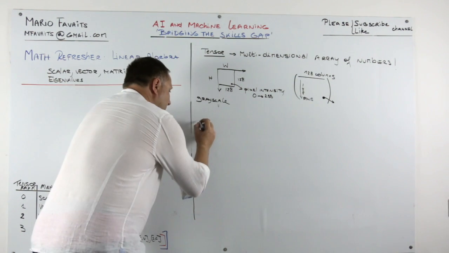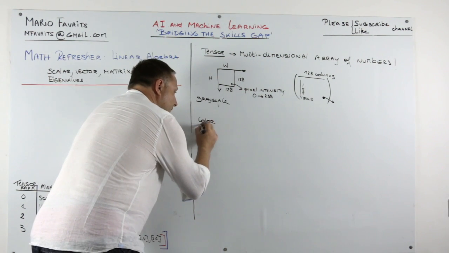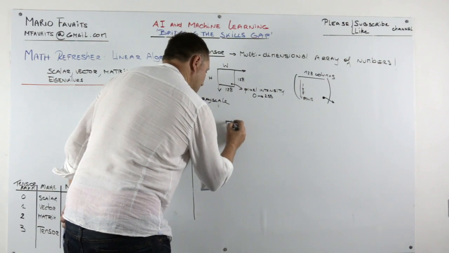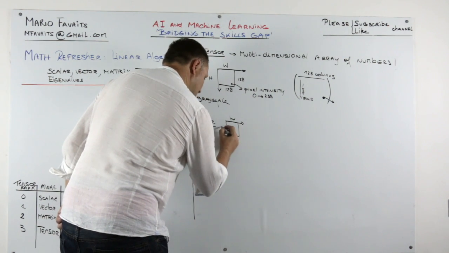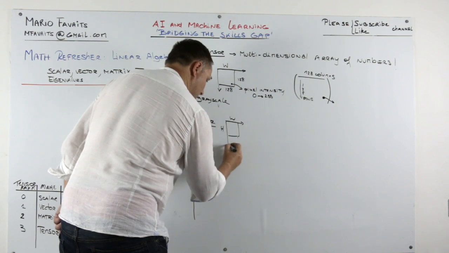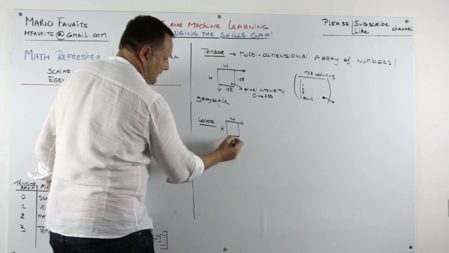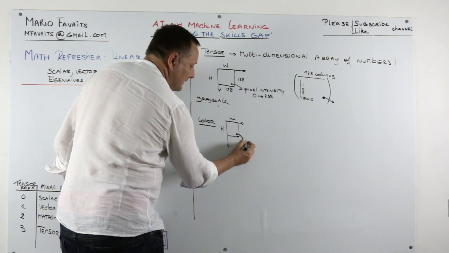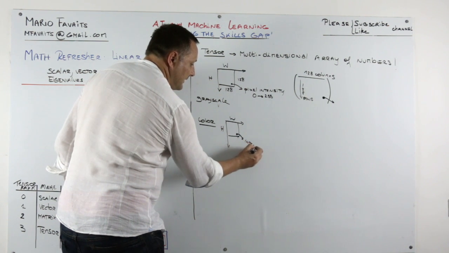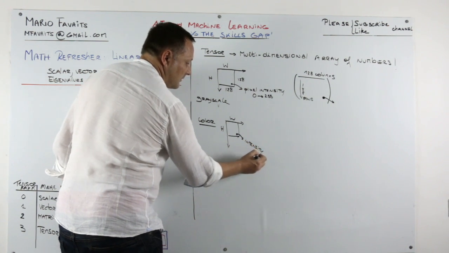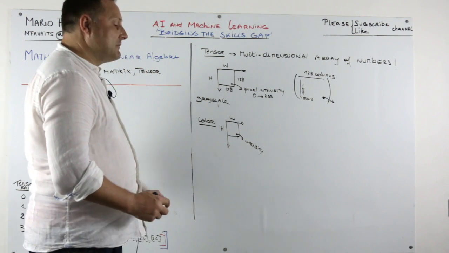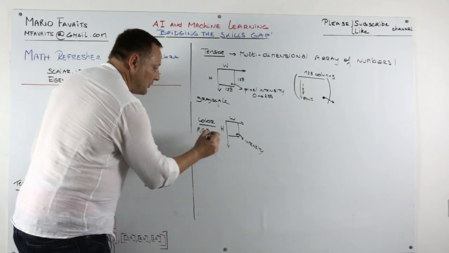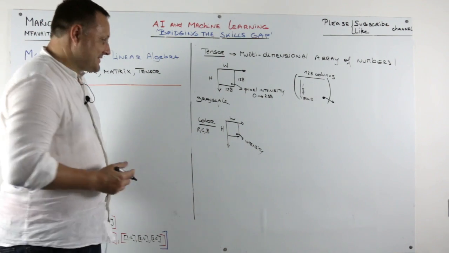Okay, now you have a color image. It's basically similar. You have a width, and you have a height, and you have an intensity. But the color image has the RGB, red, green, blue characteristic.